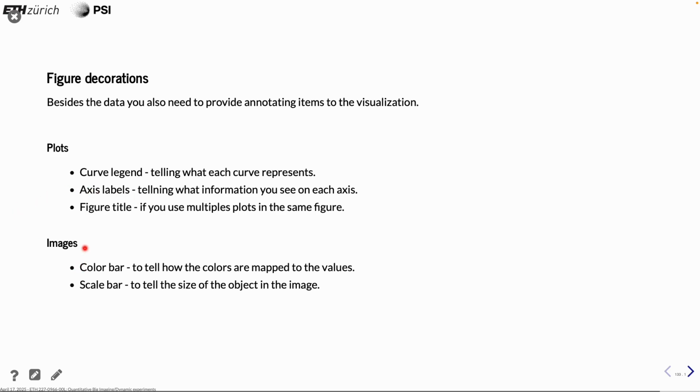And then, of course, you can add color bars showing how the colors are mapped. And then you have the scale bar. It's also a matplotlib feature or toolbox that you can add, which brings that into your images.